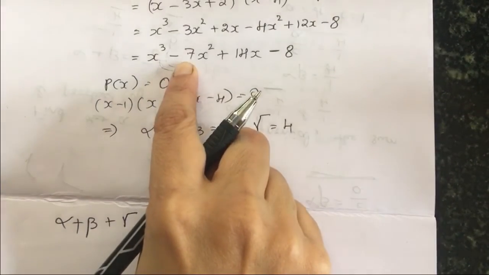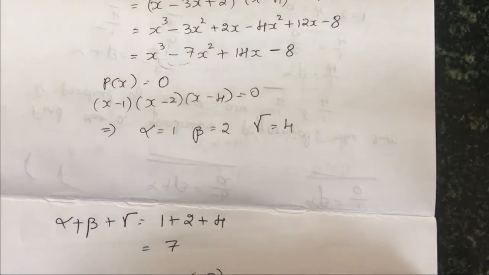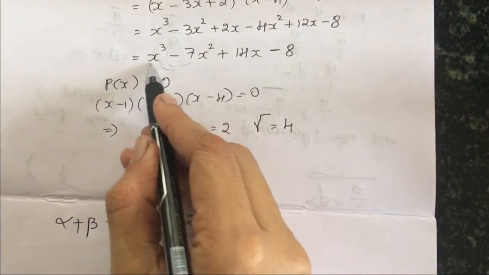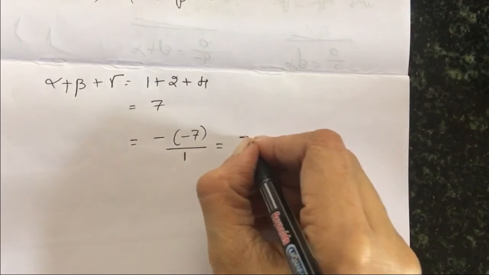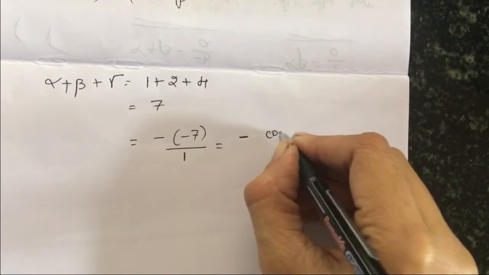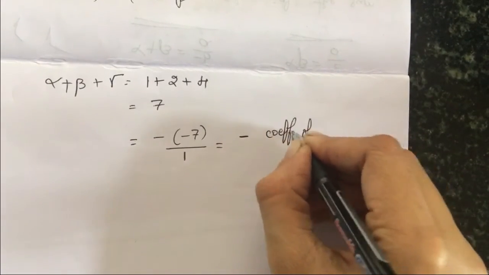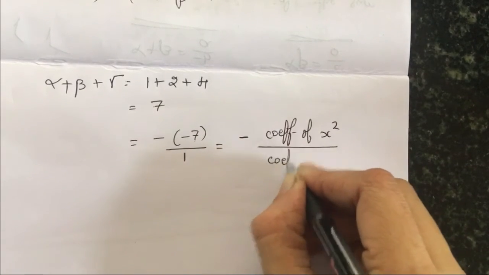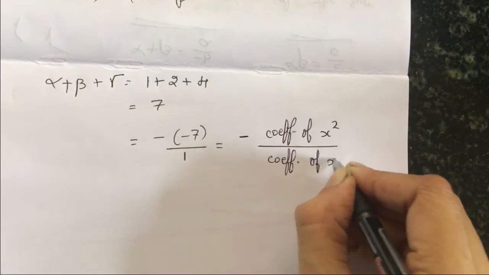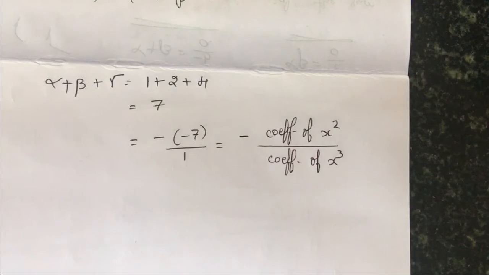Minus 7 is the coefficient of x square and 1 is the coefficient of x cube. So I can write minus of coefficient of x square divided by coefficient of x cube. This is the sum of the zeros.